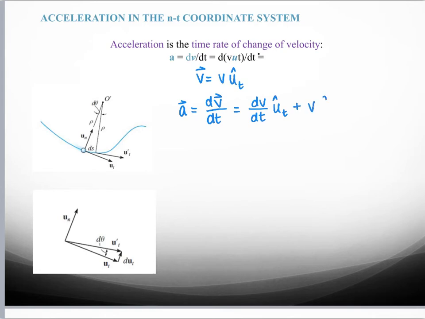But then there's another component of the acceleration, which is found when we take the derivative of the unit vector. Essentially, this changes because its direction changes. The length of the unit vector isn't going to change, just its direction. So we have to figure out how to write that. How do we quantify the change in the unit vector?